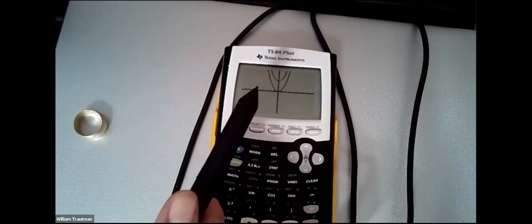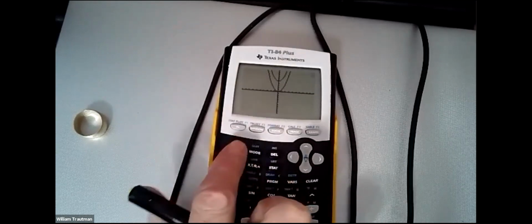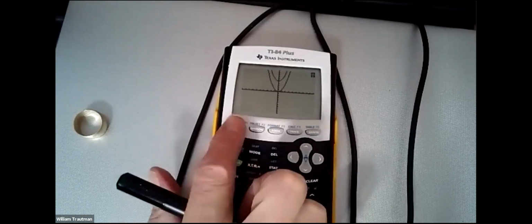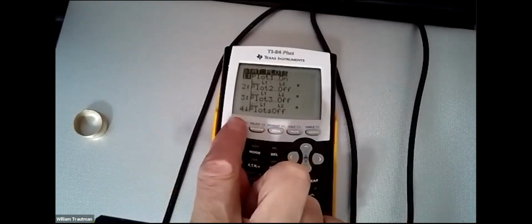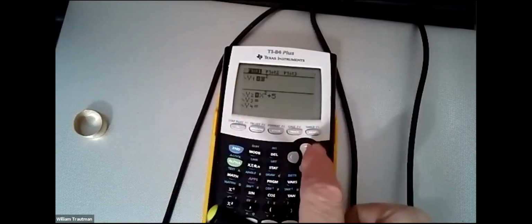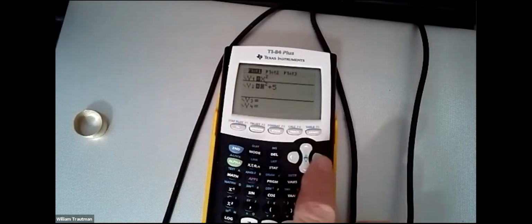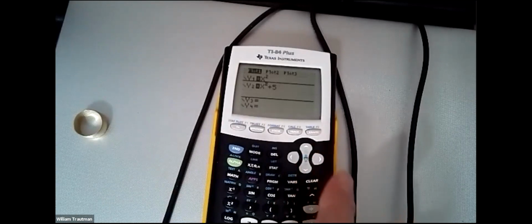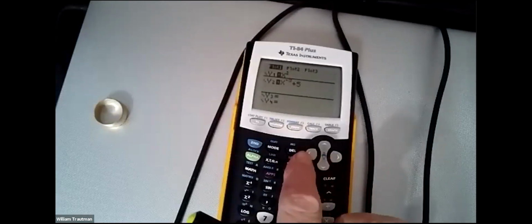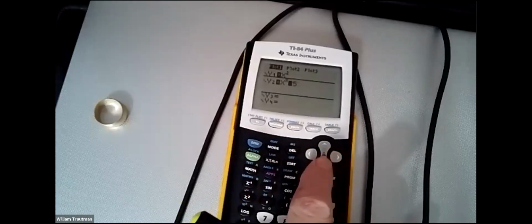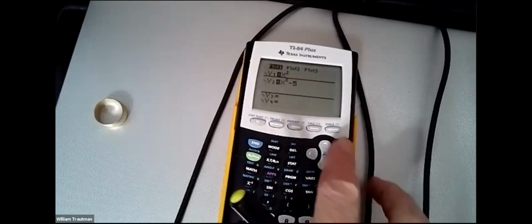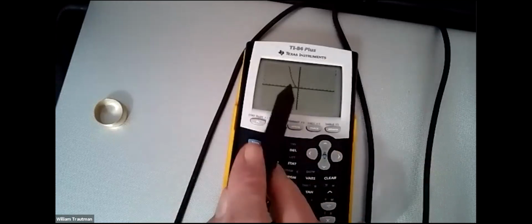Now watch what happens when I change it to a minus 5 on the outside. There's the original graph.